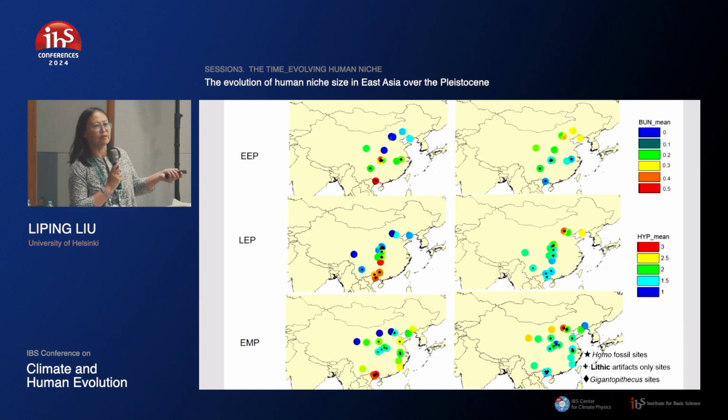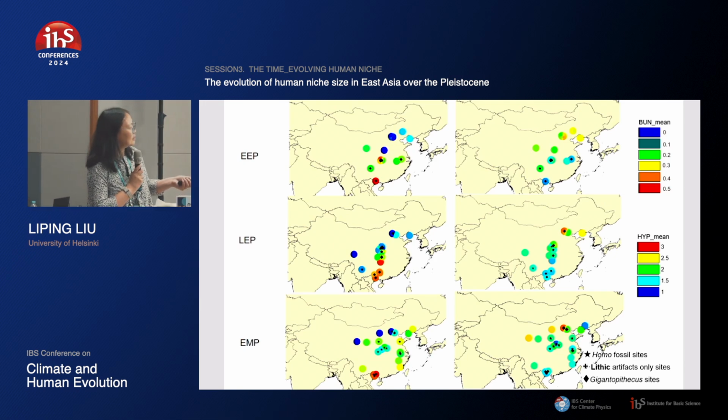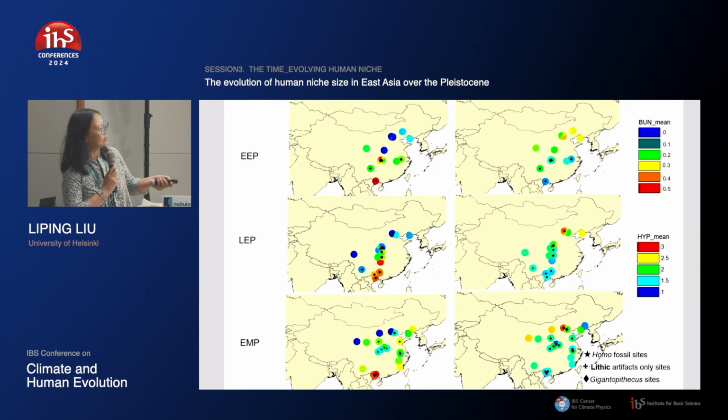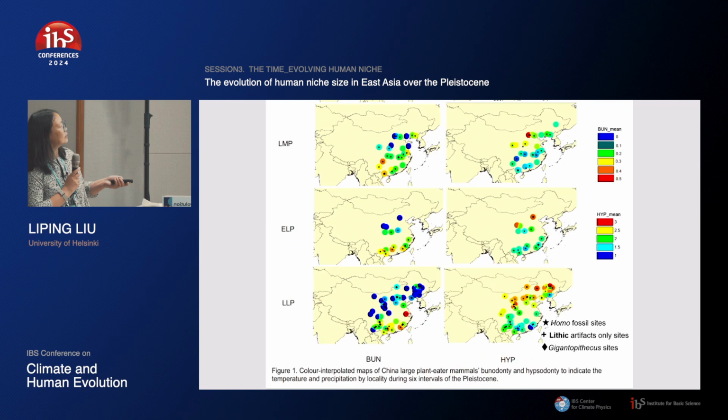So no Homo and no artifacts there. It is the same pattern until the early middle Pleistocene. And you also see the artifacts, with no Homo, only artifacts, expand to more low precipitation and low temperature areas compared to other fossil sites.